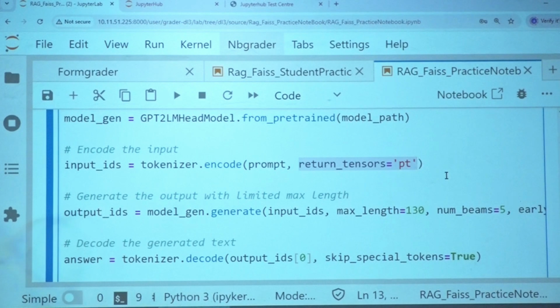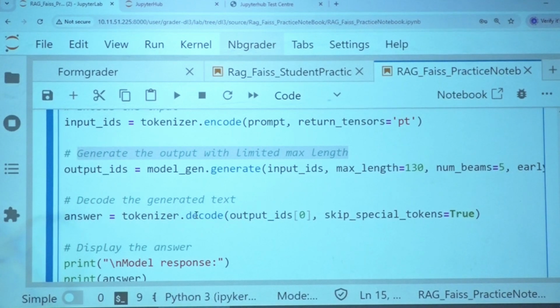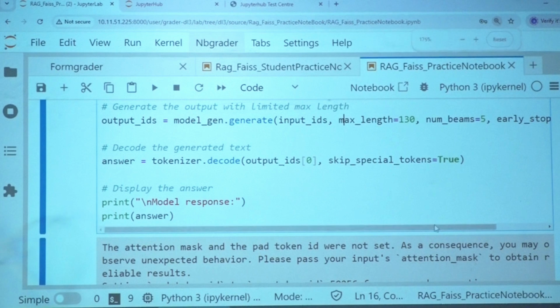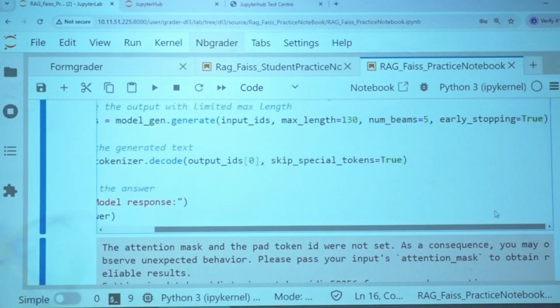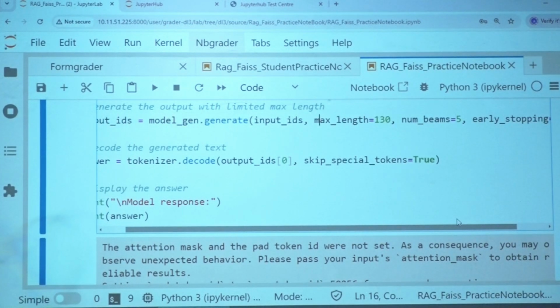And then what are we saying? Generate the output with limited max length. We are putting a restriction on the max length because we found it hallucinates after that. So model_gen.generate(input_ids). input_ids is what? input_ids is our tokenized form of our content and query.